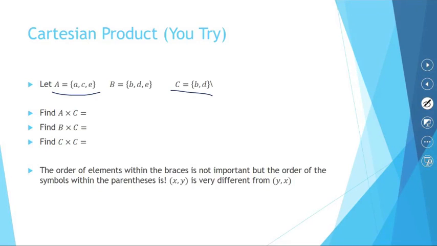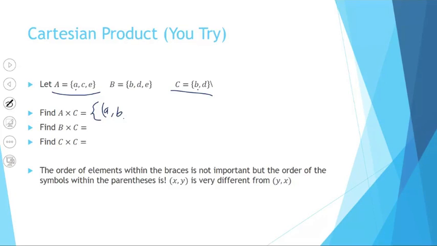So I'm making pairs for each of them in ordered pairs. So let's use A first. A from set A can be with B from set C. A can also be with D. Right? And now I'm just pairing all of these with all of those.